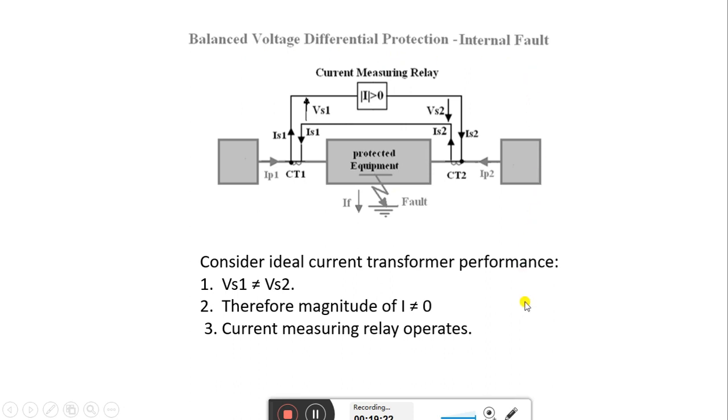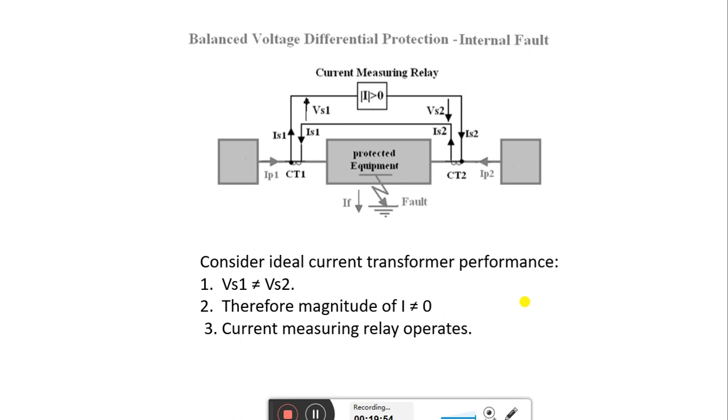So we have discussed differential current protection, whether the fault is internal or external, and thereafter I have discussed the voltage differential protection in two conditions, if the fault is internal or external, and how the relay operates.